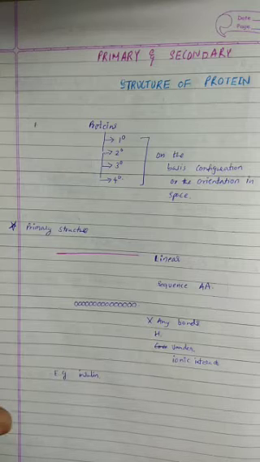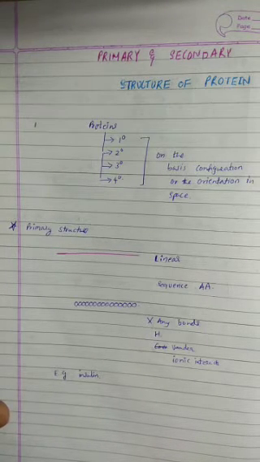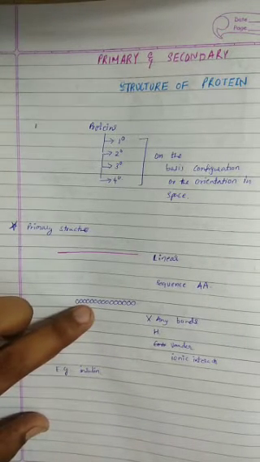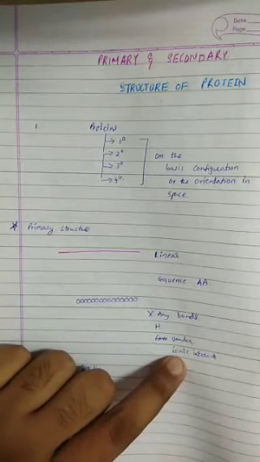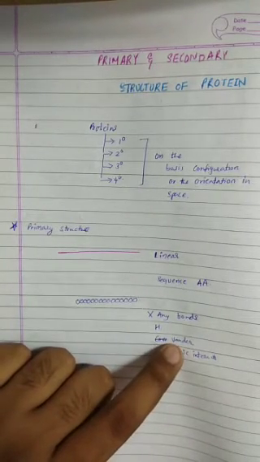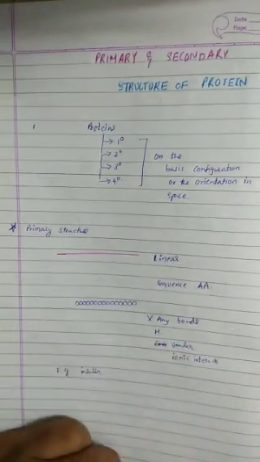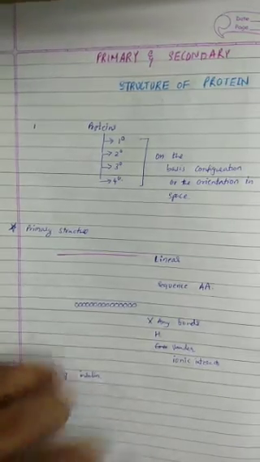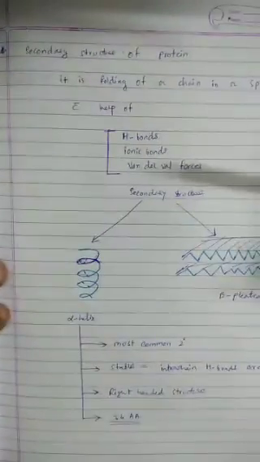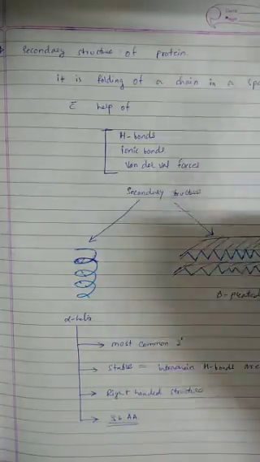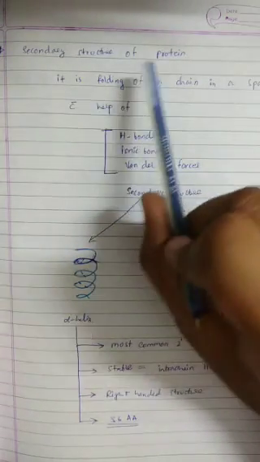There are no hydrogen bonds or van der Waals forces. Covalent bonds are present, but only between the amino acids. Hydrogen bonds and ionic interactions will be absent. Van der Waals forces will be absent. The example includes insulin.